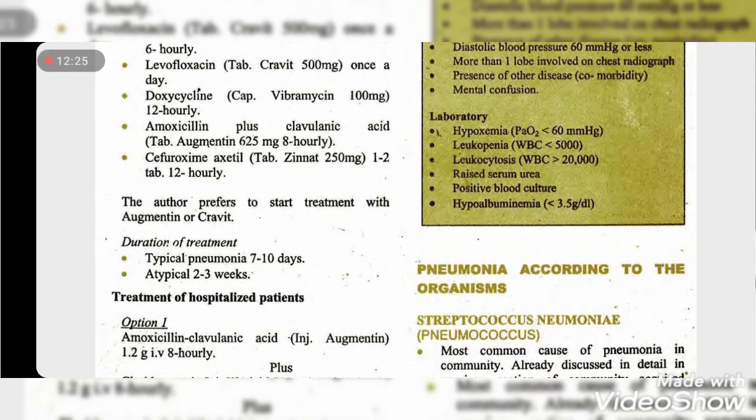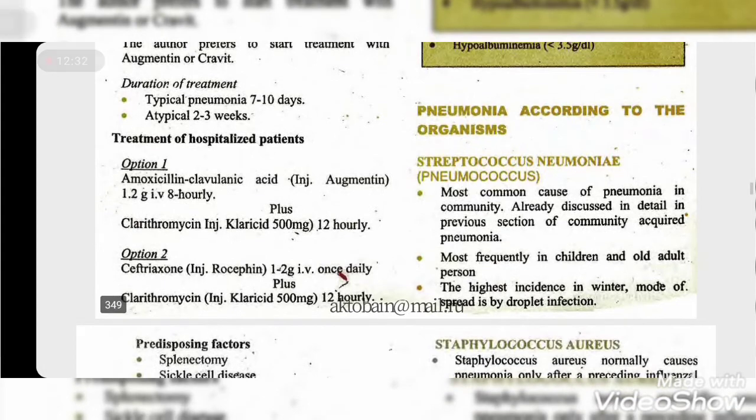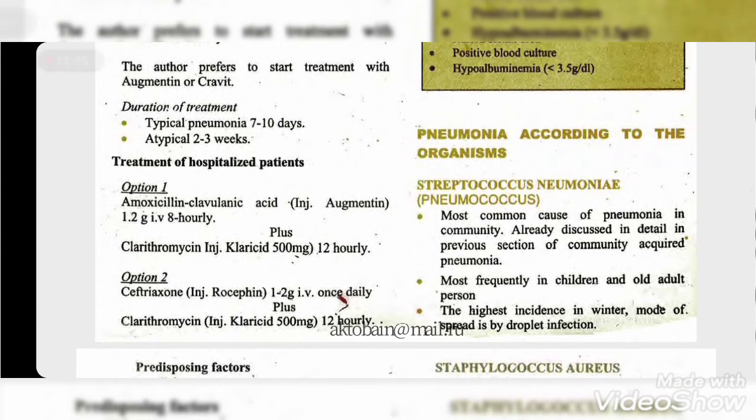Duration of treatment: typical pneumonia 7 to 10 days, atypical 2 to 3 weeks. Treatment of hospitalized patients goes to parenteral therapy: amoxicillin plus clavulanic acid, injection Augmentin 1.2 gram IV 8 hourly, plus clarithromycin injection. We use double antibiotics in hospitalized patients.